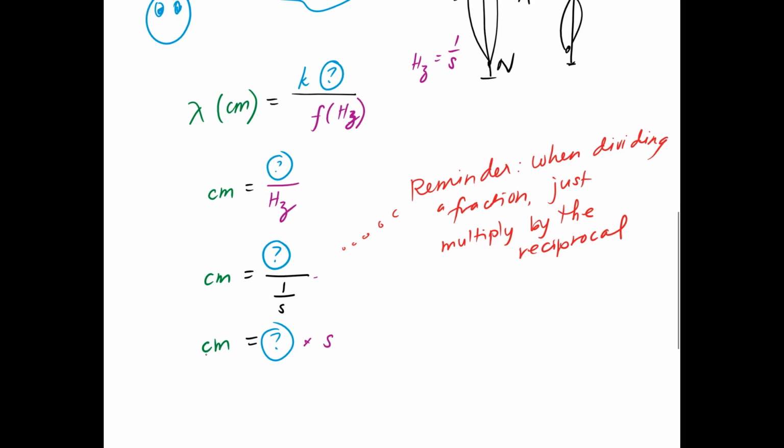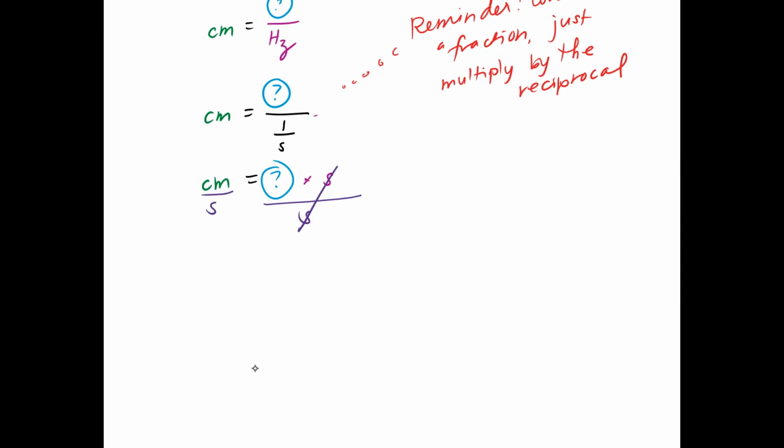Now we want to get the mysterious unit by itself, so we're going to get rid of the s by dividing it on both sides. And so what we end up getting is our wavelength unit over part of our frequency unit is equal to our mysterious unit, which is centimeters per second.